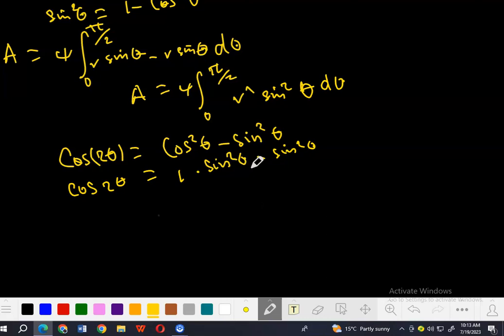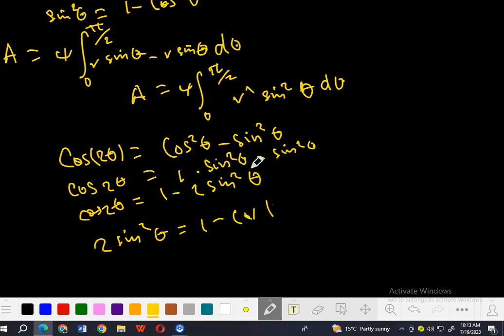So cos 2 theta is going to be 1 minus 2 sine squared theta. This will tell you that 2 sine squared theta equals 1 minus the cos of 2 theta. You have that down.